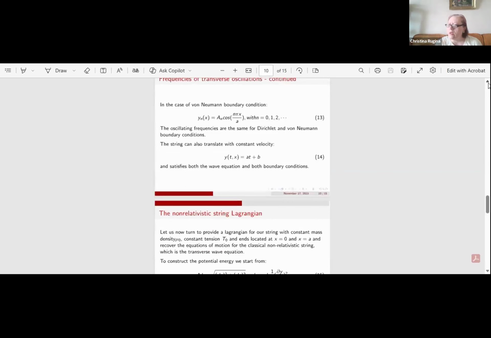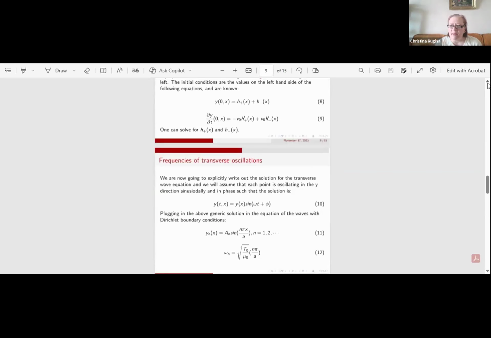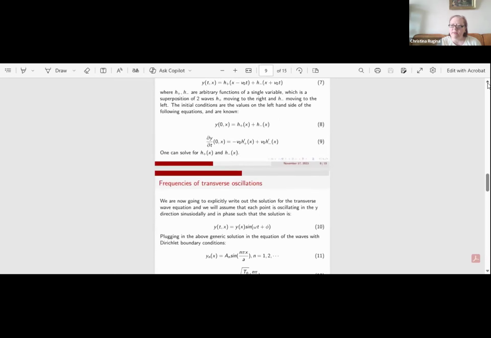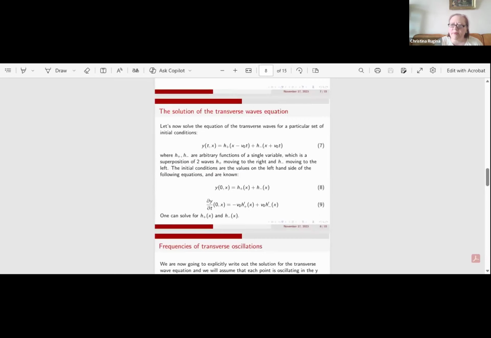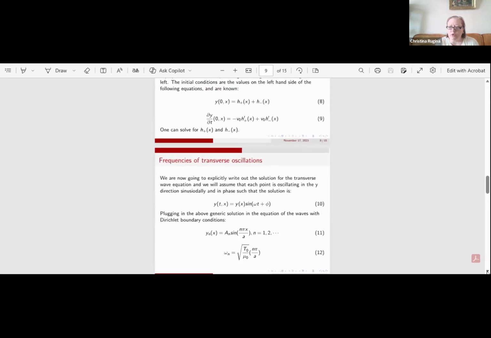As I was saying, the solution to the equation is a superposition of advanced and retarded waves. And really and truly, the solution to the wave equation is a superposition of sines and cosines. And it can be represented like that, like in equation 10.